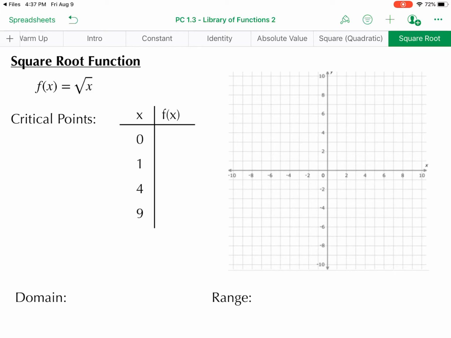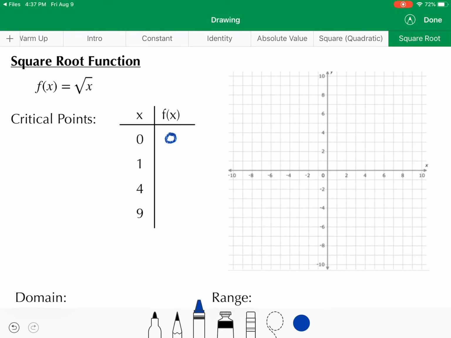The values that I've chosen for x are all perfect squares. That will ensure that my output values, my y values, are integers. Okay? Square root of 0 is 0. Square root of 1 is 1. Square root of 4 is 2. Square root of 9, 3. Plot them.